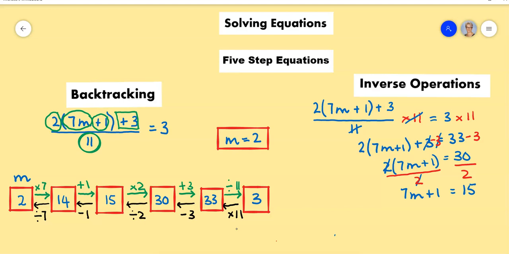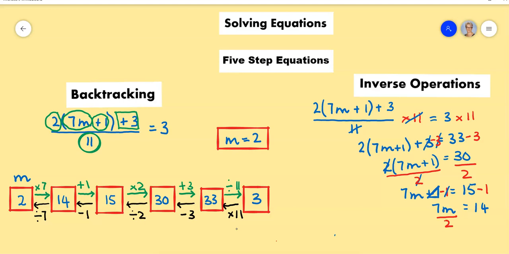The second last thing we had to do was to subtract 1. So I'm going to subtract 1 from both sides of the equal sign. Plus 1 and minus 1 will cancel out, and I am left with 7m is equal to 15 minus 1, which is 14.